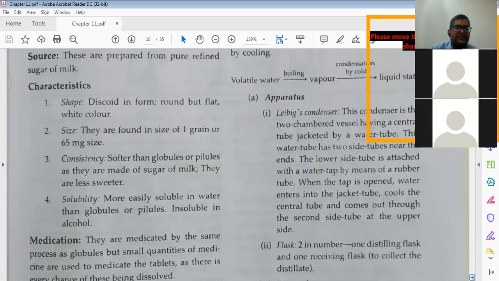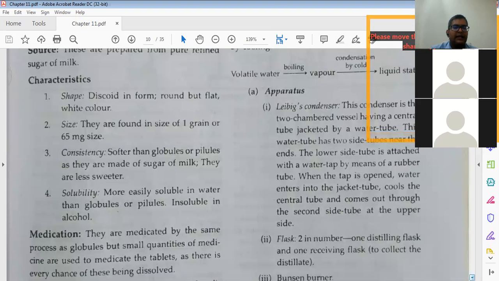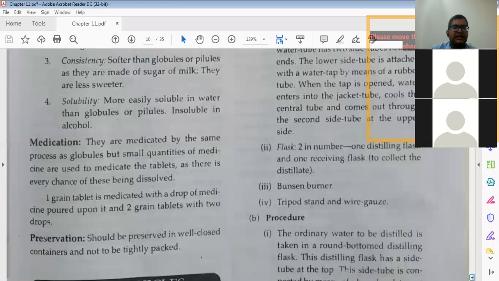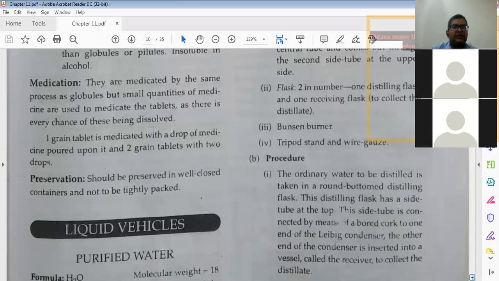Consistency is soft, and they are made up of sugar of milk. Solubility: easily soluble in water, insoluble in alcohol. Medication is by the same process: take a small quantity of medicine and dissolve it with the tablets.